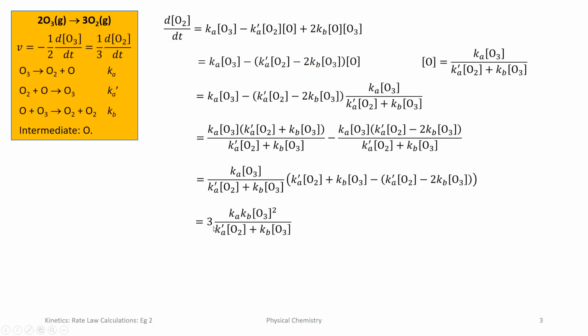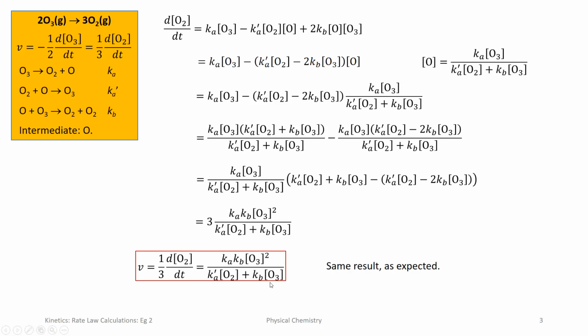So we end up here with 3 times this expression, but we notice that to get the rate law, we have to take 1/3 of the net rate of formation of oxygen. So we do that, and we get exactly the same expression as before, which is entirely consistent with each other, as it should be. So we didn't make any mistakes.